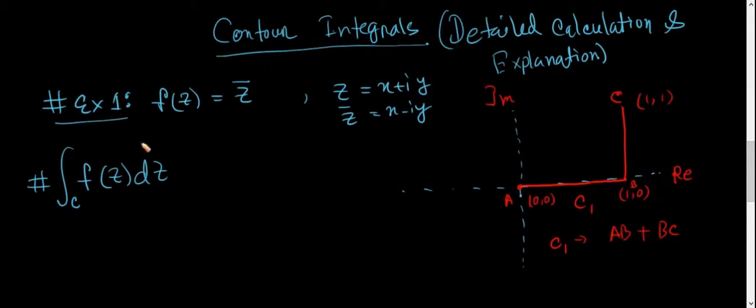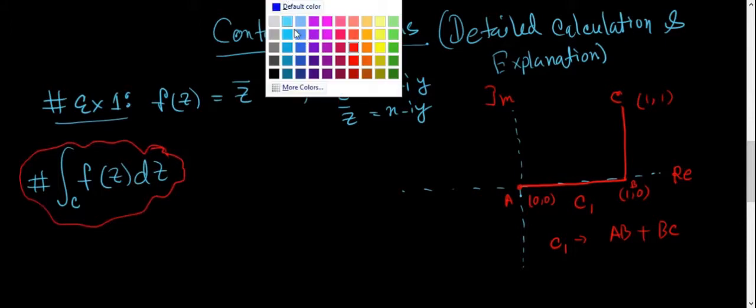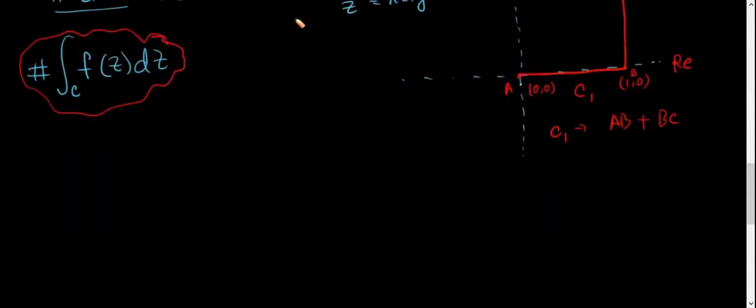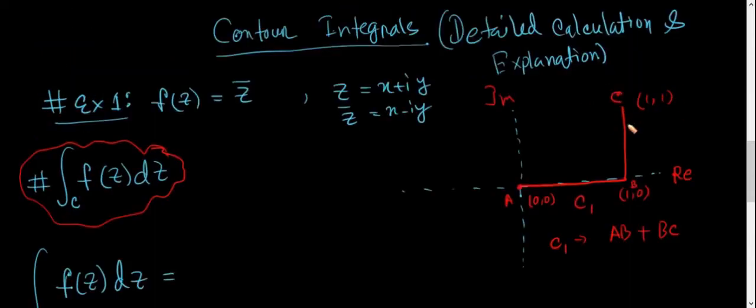So how do we go about evaluating this guy over here? That's the thing we are going to learn now. So one fact about contour integrals is that since these are piecewise smooth curves, what you can do is that you can break down this integral into two parts. That is, one coming from AB, another coming from BC.